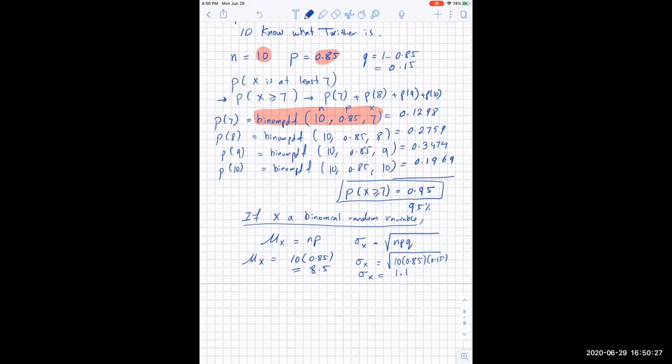These are the parameters. If you're asked to find the mean and the standard deviation for these variables, these are the formulas for the mean and standard deviation.